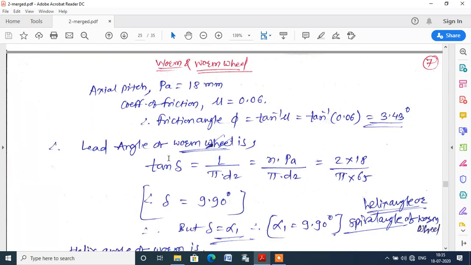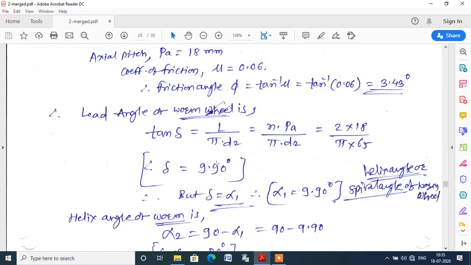Now the lead angle of worm is given by tan delta equal to L upon pi d, where lead L is nothing but N into PA. So tan delta equals 2 into 18 divided by pi into 65, so delta becomes 9.93 degrees.